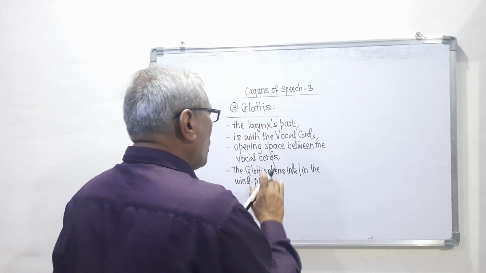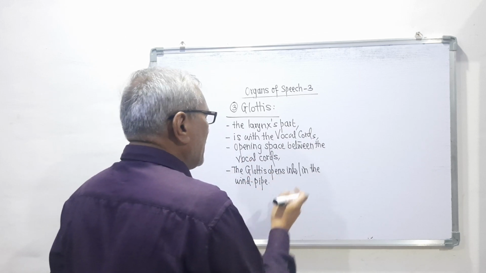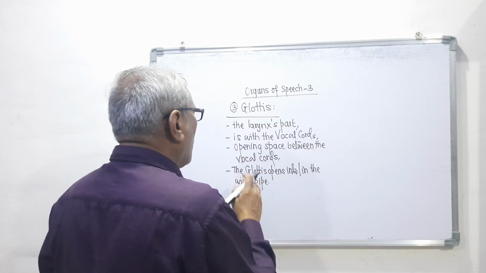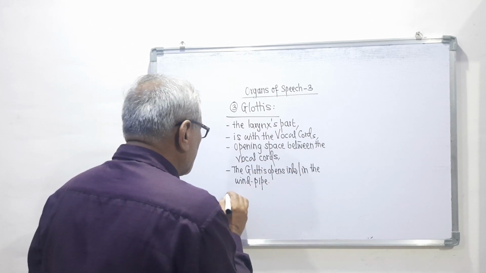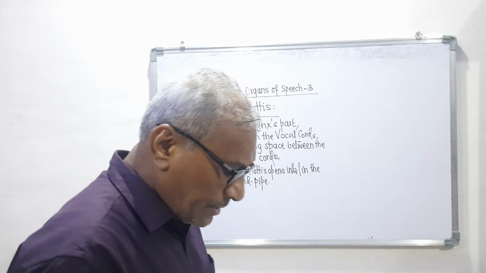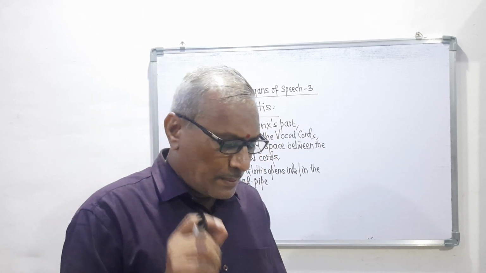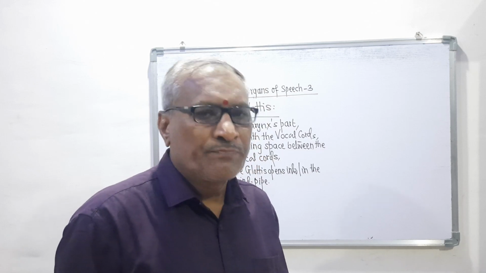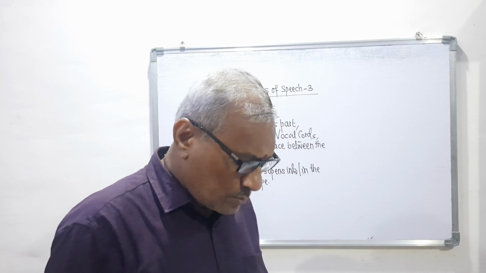Remember, the glottis starts in the windpipe, or the glottis opens into the windpipe. That is the explanation. Thus, in this way, the glottis helps to articulate, produce, and pronounce the speech sounds.